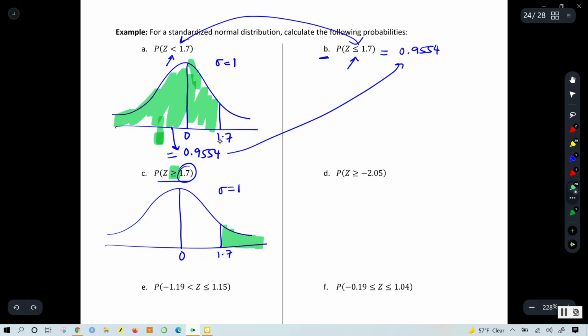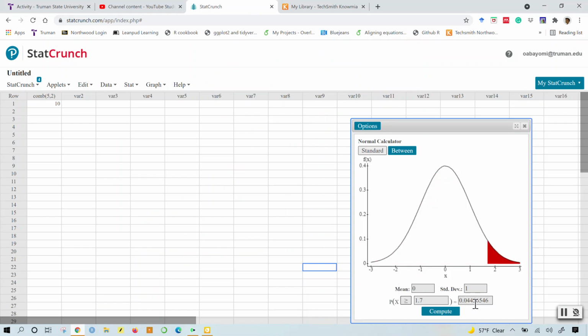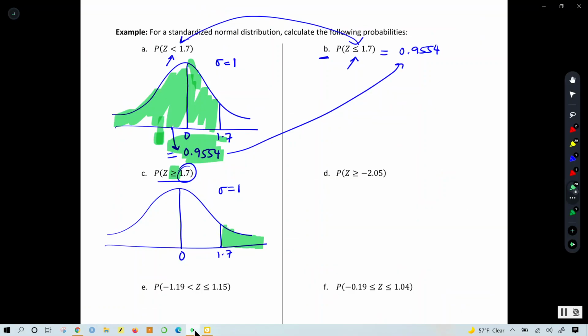That will be 1 minus this probability, or going back to StatCrunch, I only need to change this to greater than or equal to, and it gives me 0.04457. So I take that back to my working board, equal to 0.04457.